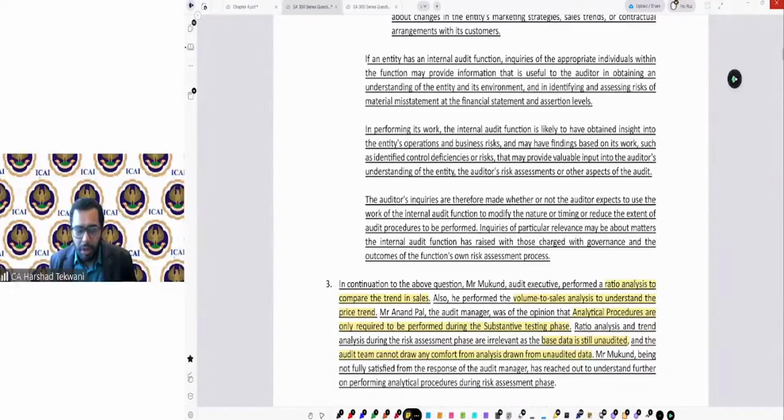Very good, Tanisha. The analytical procedures may help in identifying the degree of the risk associated with each element of the focus areas within the financial statement, and it will help in estimating the degree of risk at the whole financial statement level and the assertion level. Very good. Okay.